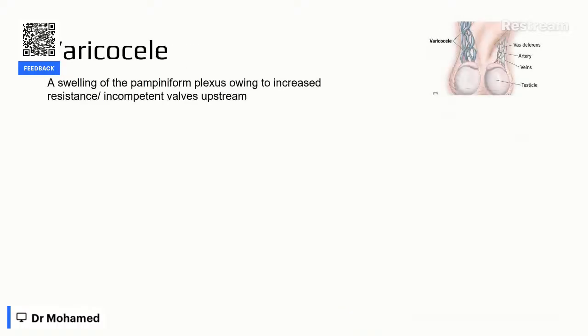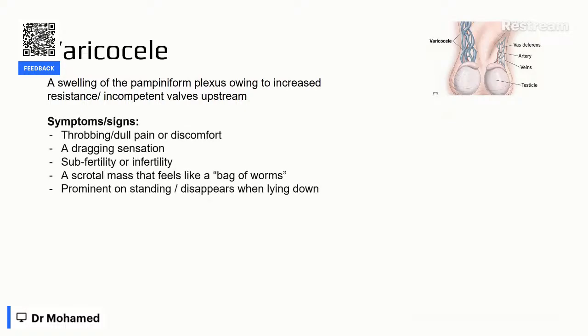Now, a varicocele is essentially an engorgement of the pampiniform plexus, of the venous plexus, because of some sort of increased resistance somewhere. So, just like with other vascular pathologies, it's a plumbing thing. They can be painful. You can have a sensation of dragging in the testis.